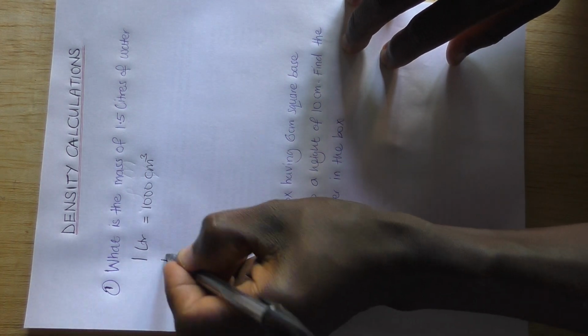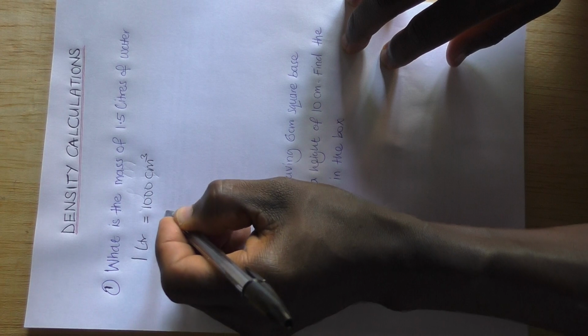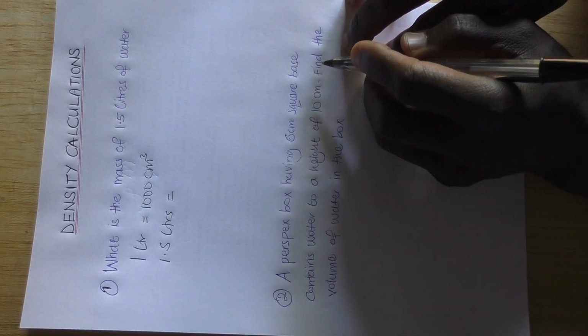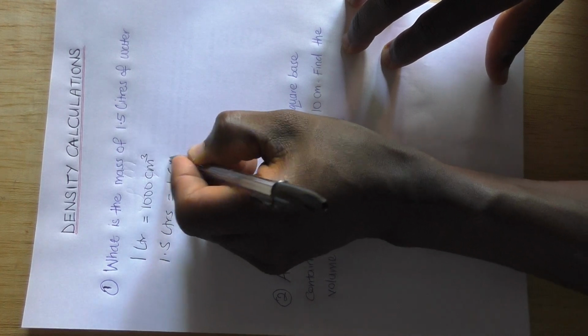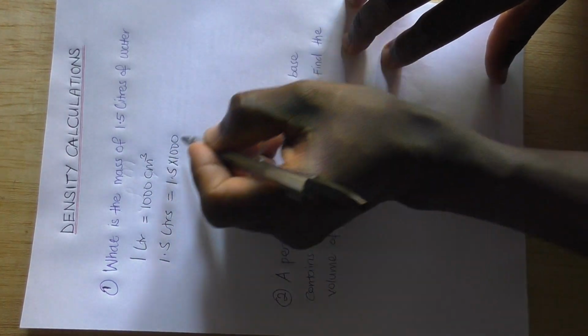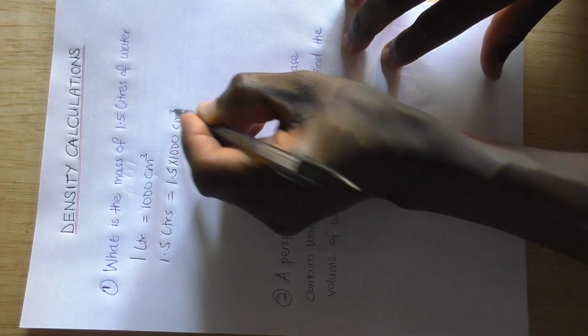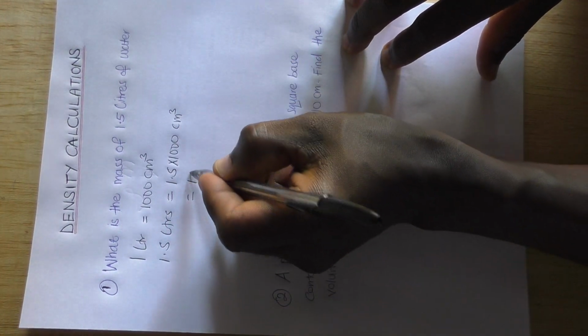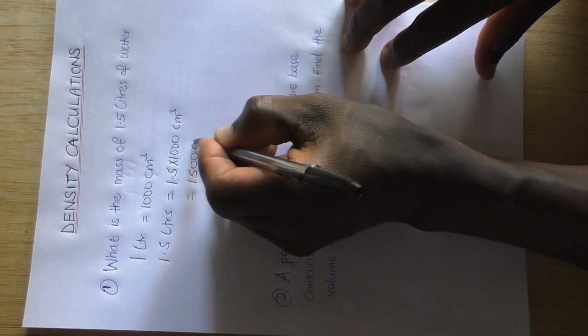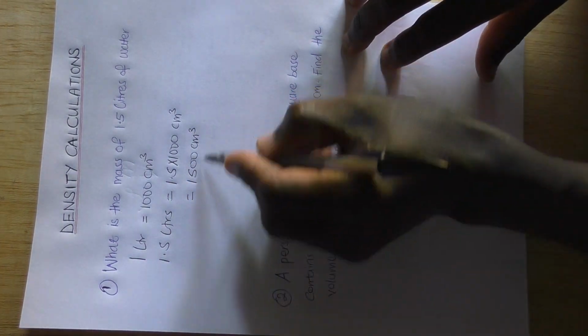Therefore, 1.5 liters will be equivalent to 1.5 times 1,000 cubic centimeters, hence giving us 1,500 cubic centimeters. So this is the volume of the water.